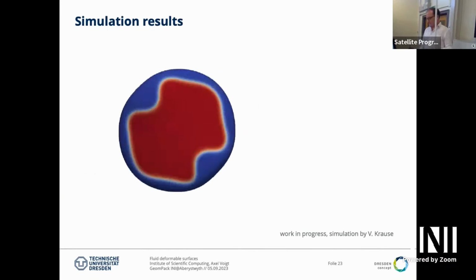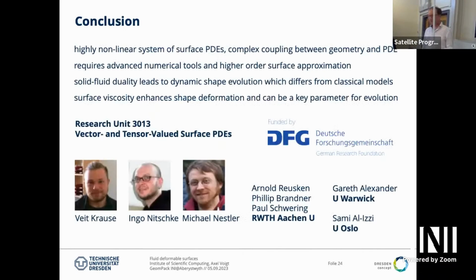Okay, and that's essentially it. What we studied is a highly nonlinear system of surface PDEs with some complex coupling between the geometry and the PDE. In order to solve this numerically, some essential numerical features should be taken into account.